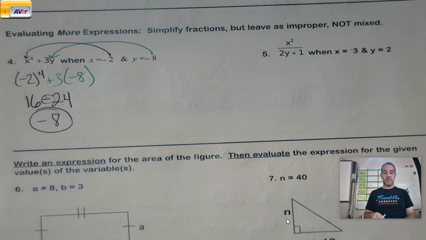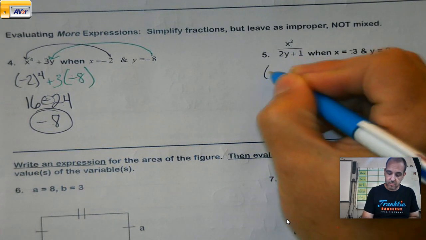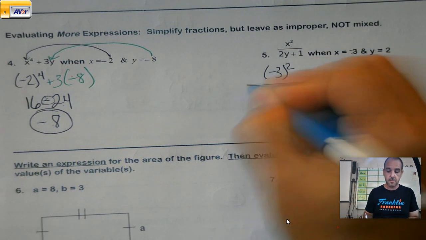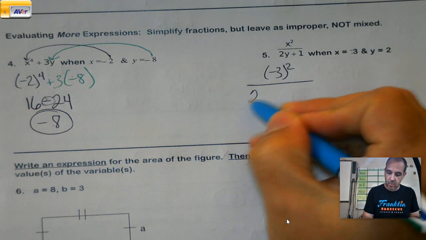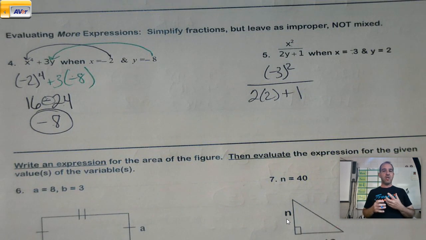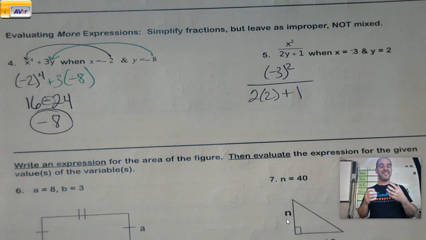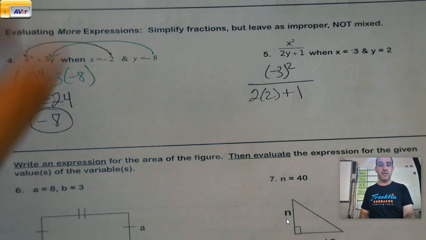Okay, fractions. Same deal. Don't let it freak you out. We're going to plug in the negative 3 for x. Don't forget those parentheses. And then down below in the denominator, we're going to plug in that 2 for y. And again, whenever we get a large fraction like this, simplify the numerator and denominator separately before you start to simplify.